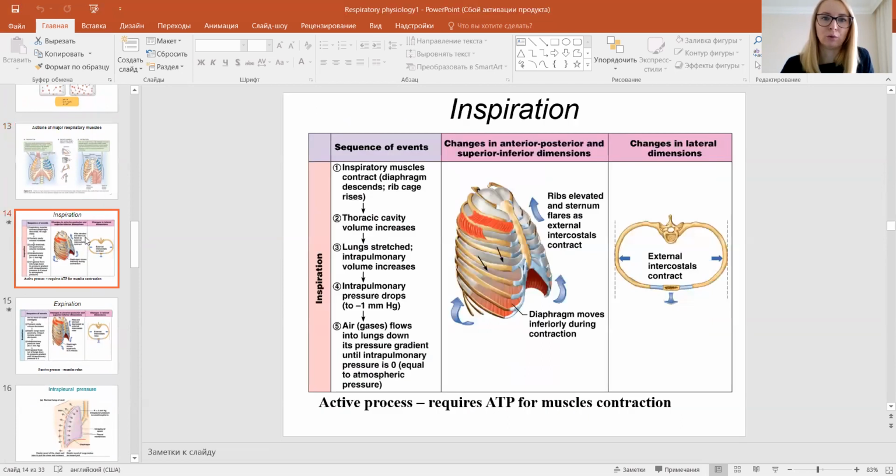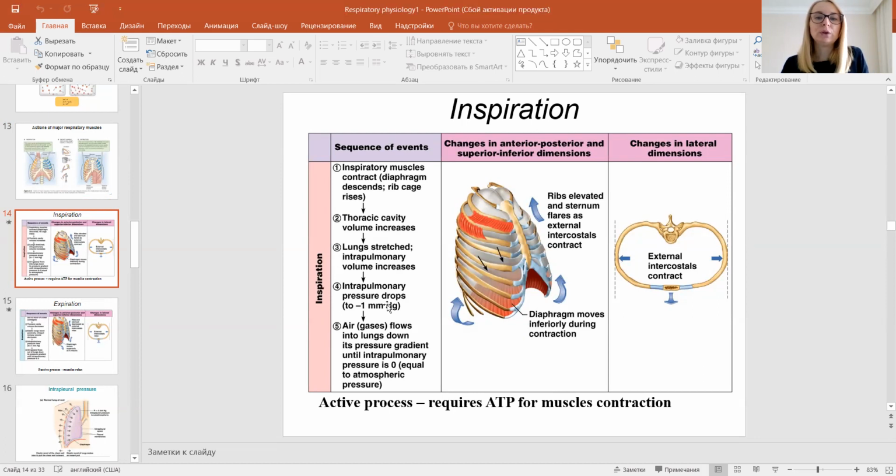So once again, what is the sequence of events in case of inspiration? First step, inspiratory muscles contract, which means the diaphragm descends and rib cage rises. Second, thoracic cavity volume increases, lungs stretched, intrapulmonary volume increases.